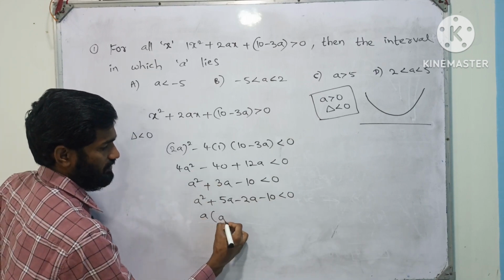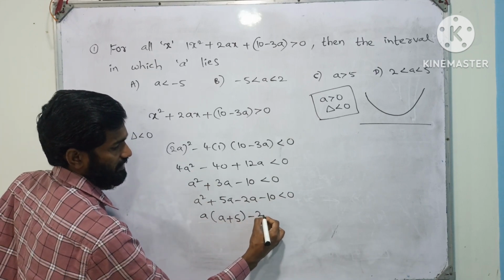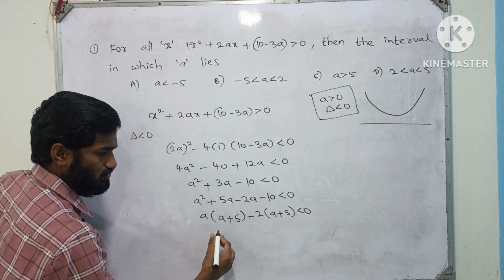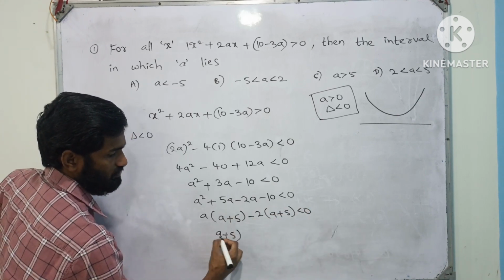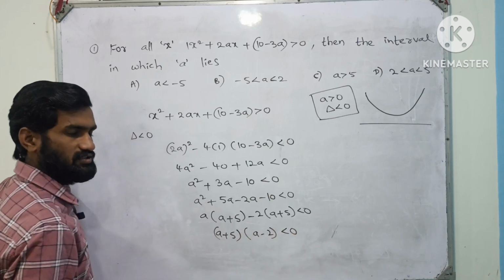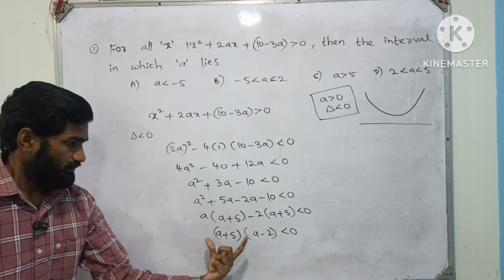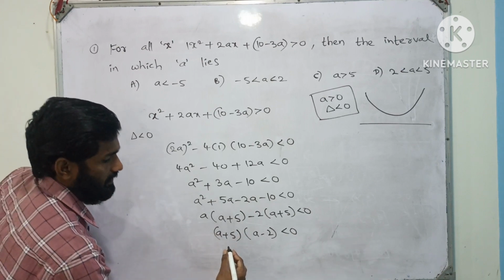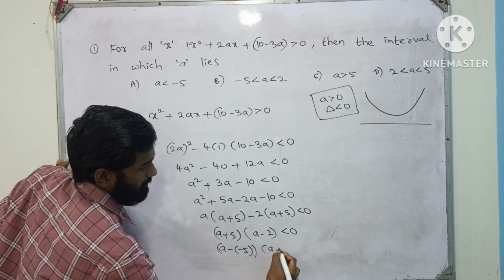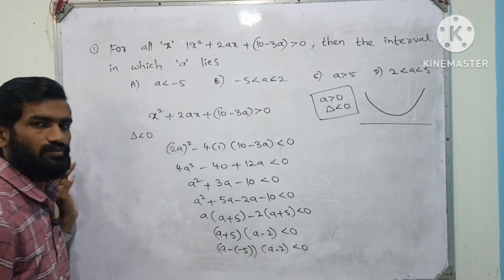Now if I take a common, it is a plus 5. If I take minus 2 common, it is a plus 5, less than 0. From these two I can take a plus 5 common, which is a plus 5 into a minus 2 less than 0.